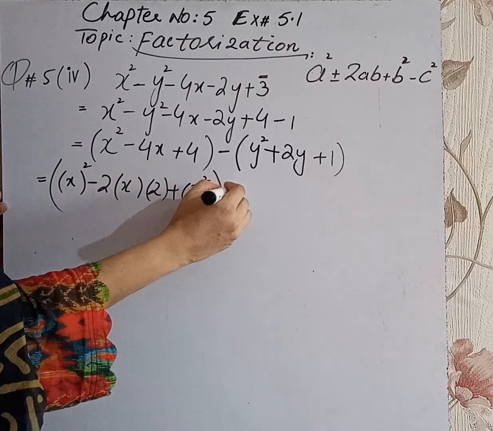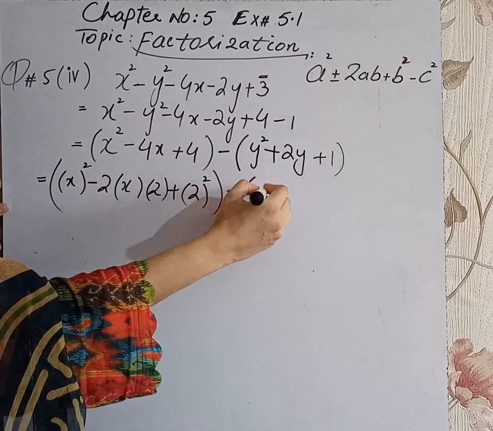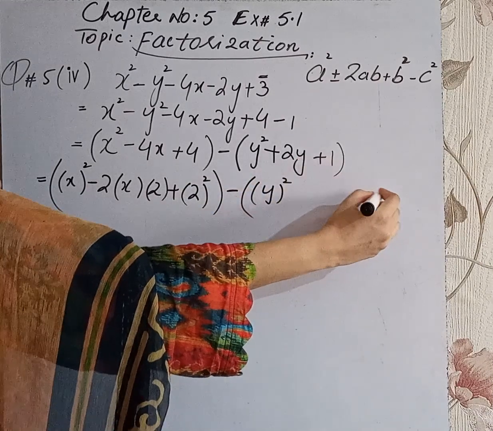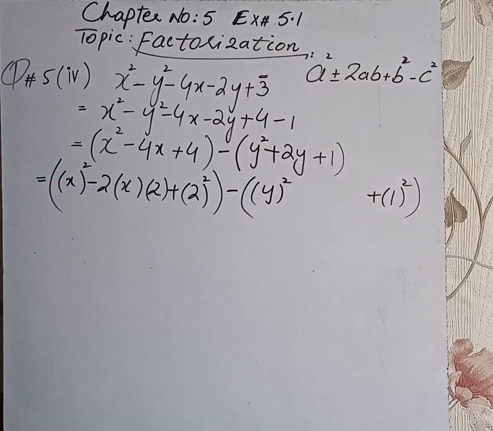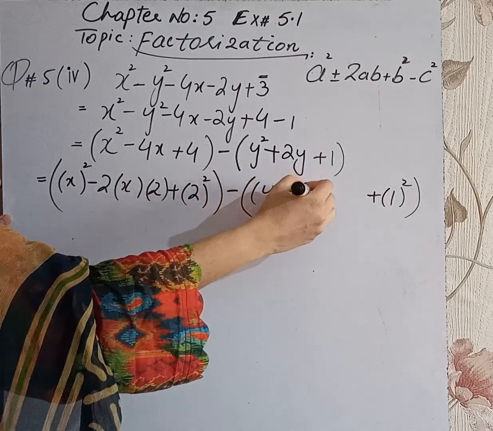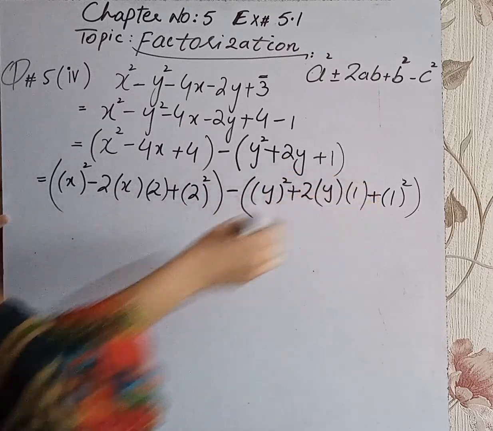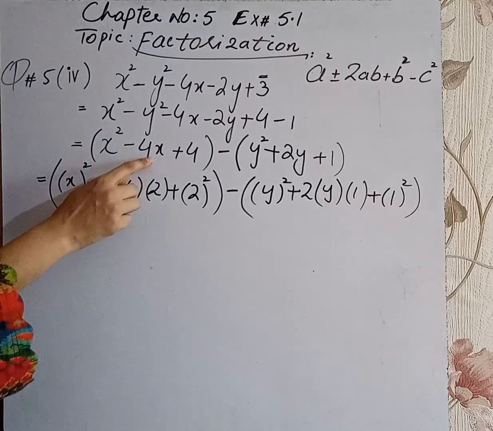Then in the second one, which two terms are perfect squares? y square is the square of y and 1 is the square of 1. Then here is plus, and we use the formula plus 2 into a, meaning y, into b, meaning 1. So we check: 2 times 1 times y, that is the middle term 2y. And in the first one, 2 times 2 multiplied by x is 4x.